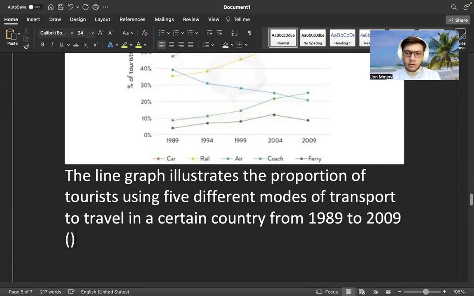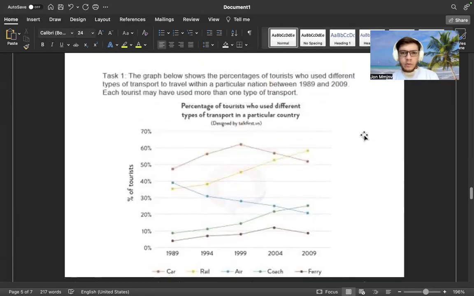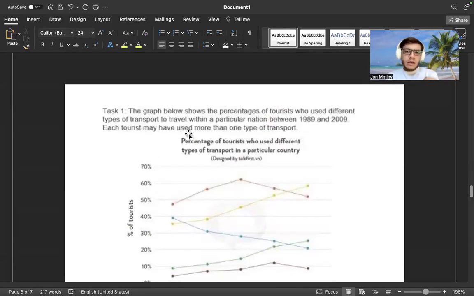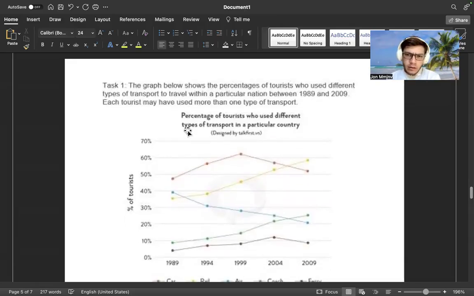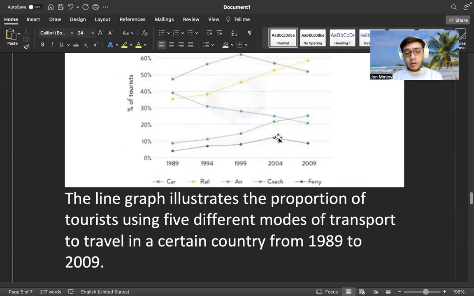And I'm gonna add here, each tourist may... no, I don't need to mention that part. Each tourist may have used more than one mode of transport. I don't need to mention this part, I guess. Yeah, that's basically it. Here it says one nation, here it says country. You can write both of them.